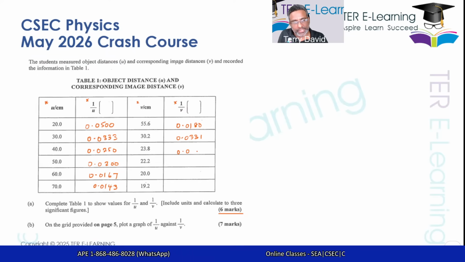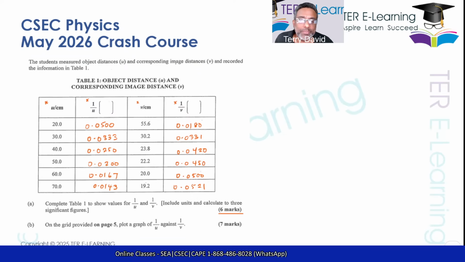Right, I forgot how long this takes to work out. And the last one is 1 divided by 19.2, I'm going to get 0.0521. Okay, so that's my table for 6 marks here.